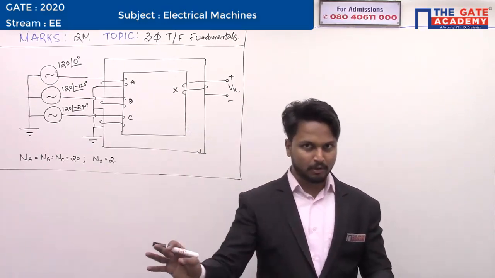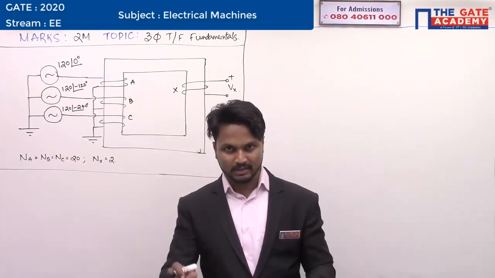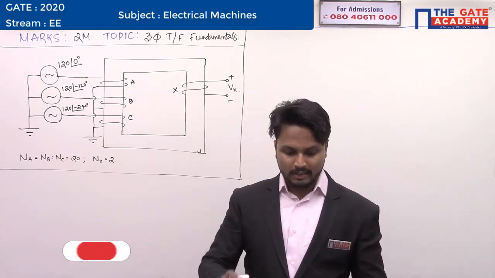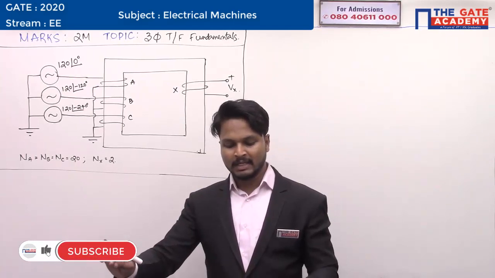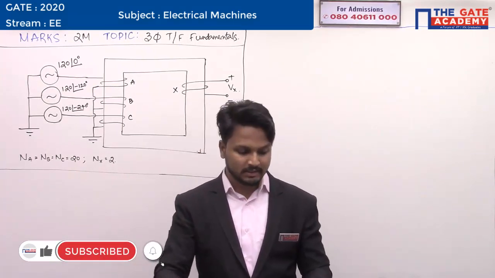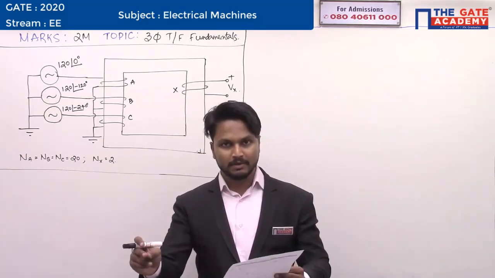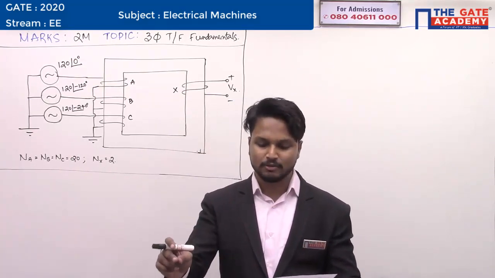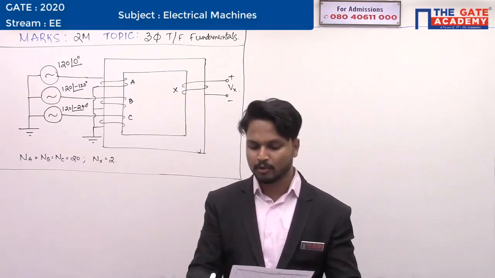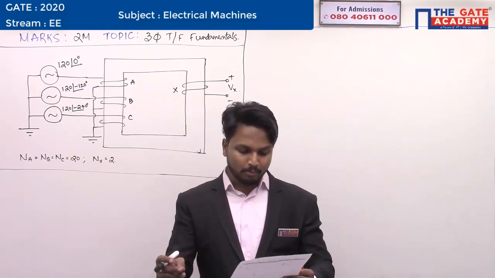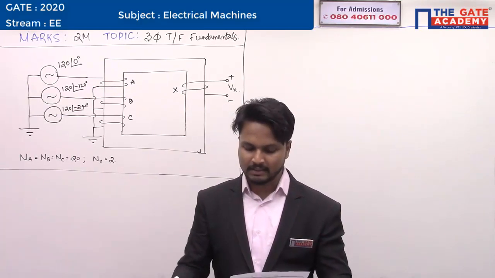The first question among the questions which we are going to discuss now is: the 3 windings A, B and C, all having 20 turns each, are shown with the core, and its winding configurations are to just indicate the sense of the winding but not to indicate the number of turns. The number of turns in the winding X is 2.